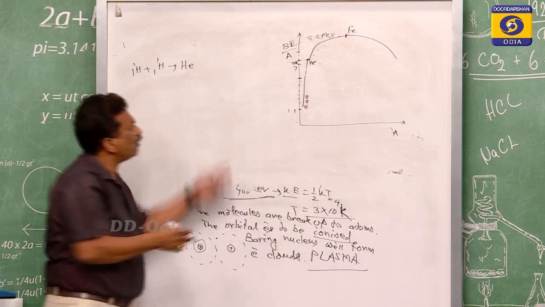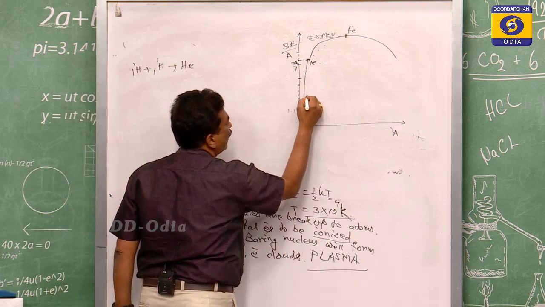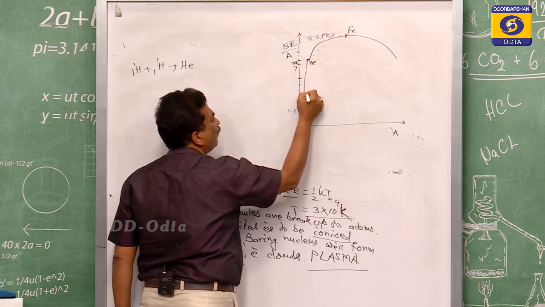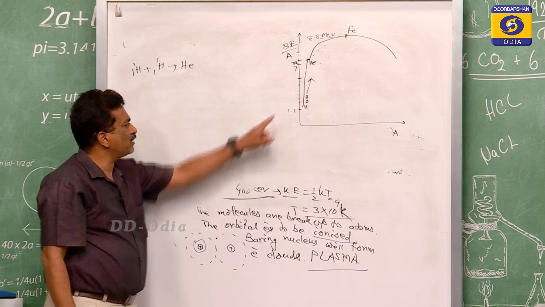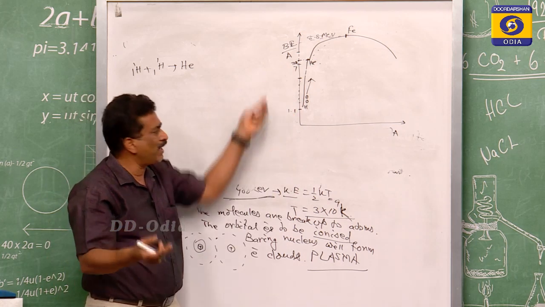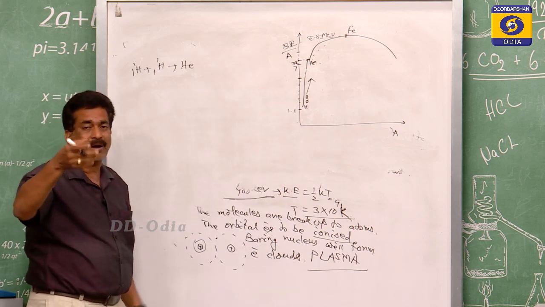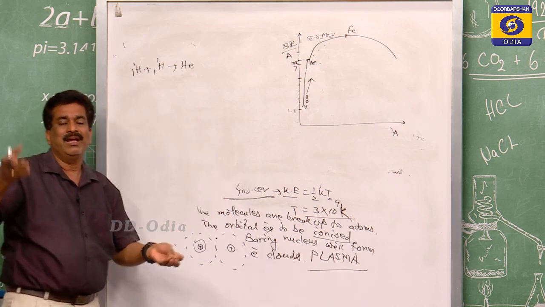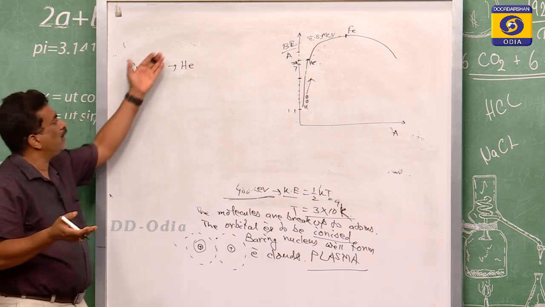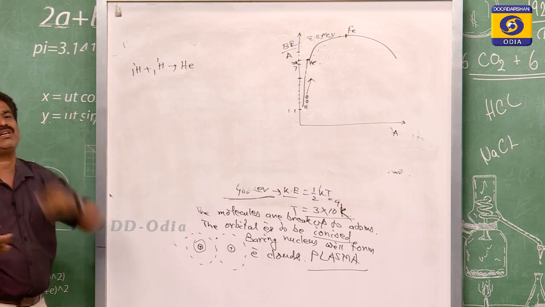So according to the binding energy per nucleon, the theory shows that when H and H combine to give you He, some energy is released, because here the energy is 1.1 and here it is 7 to 7.6. Therefore, it increases per nucleon. So if there are a number of hydrogen nuclei, then energy will be generated. And from the reaction, we will come to know how that generation of energy is possible.